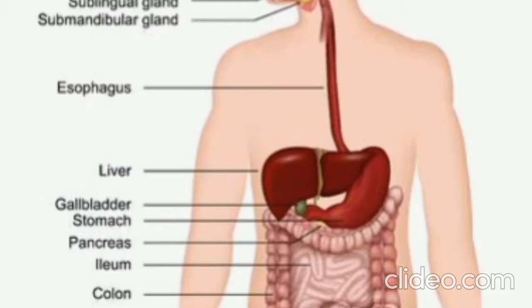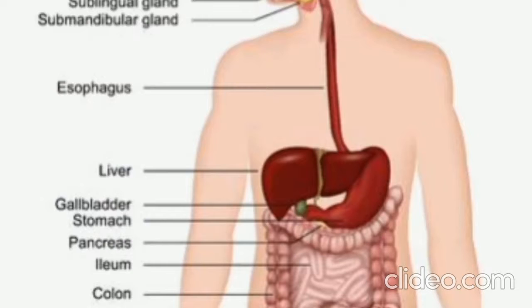One is mechanical digestion, which takes place inside our mouth, and the second is chemical digestion, which takes place in the small intestine and begins from the stomach. So as per your syllabus, we have to see how these organs and the human digestive system function, and how they help us to digest the food.